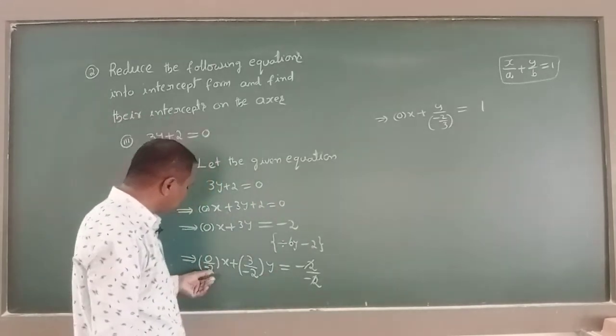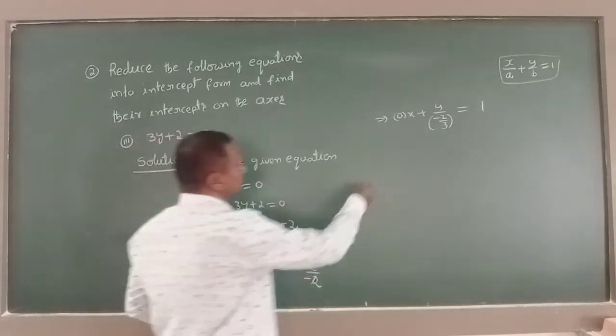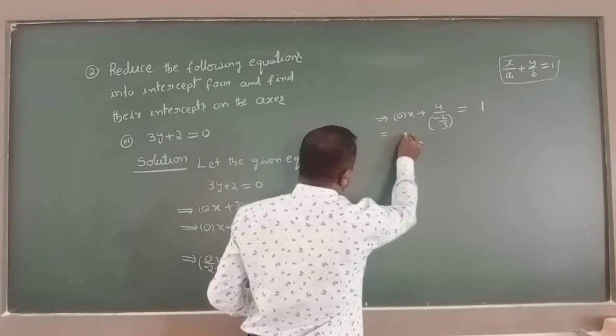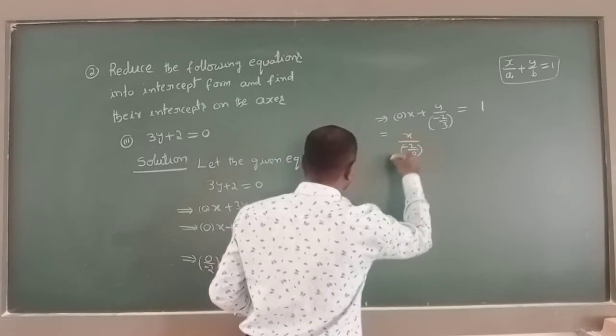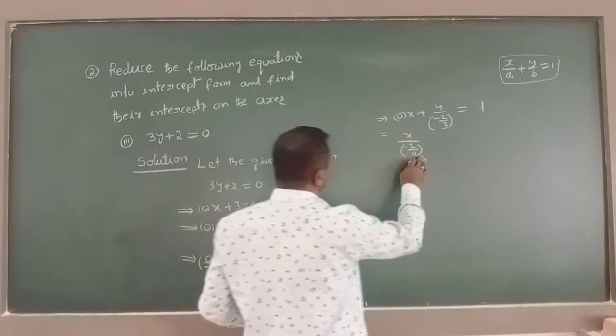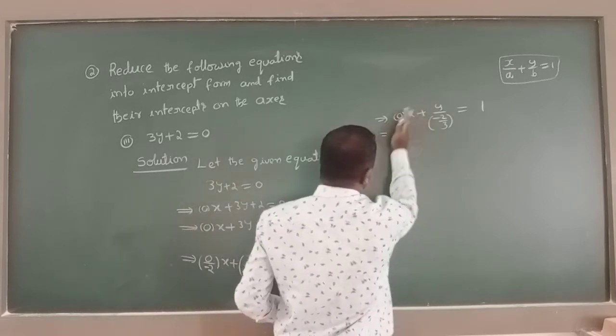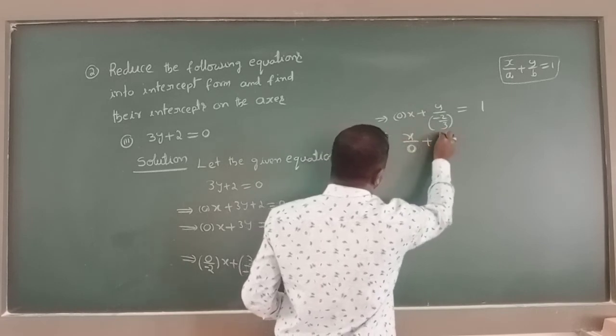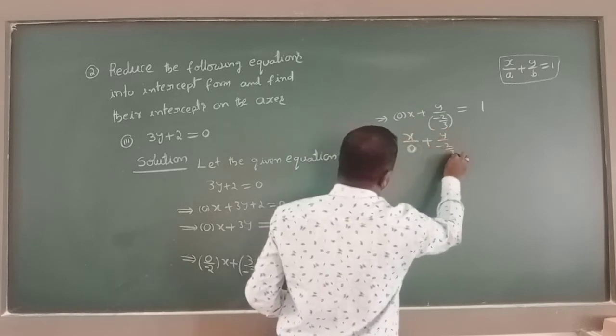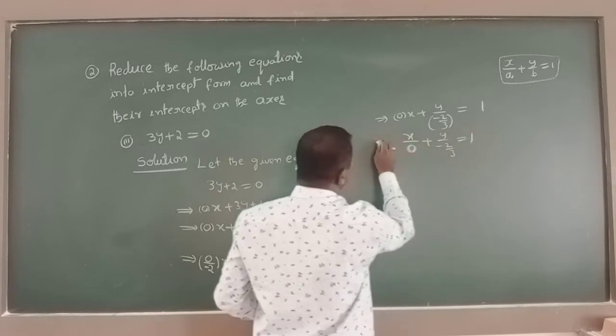Otherwise you can write it like this also: x by 0 plus y by minus 2 by 3 is equal to 1.